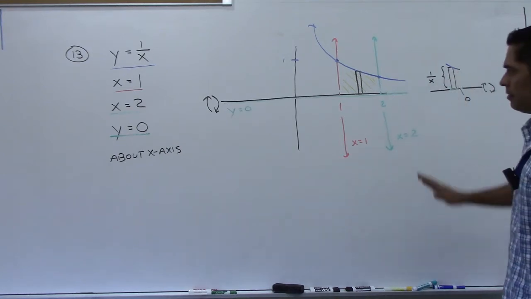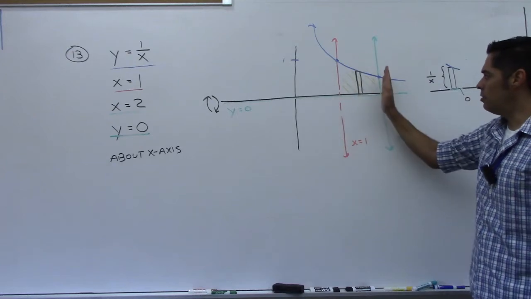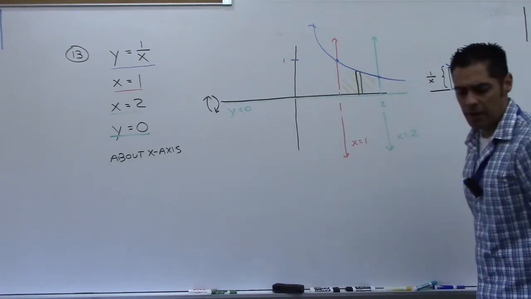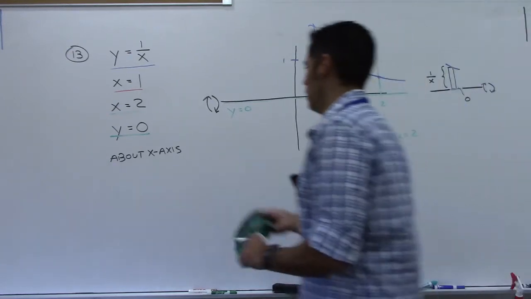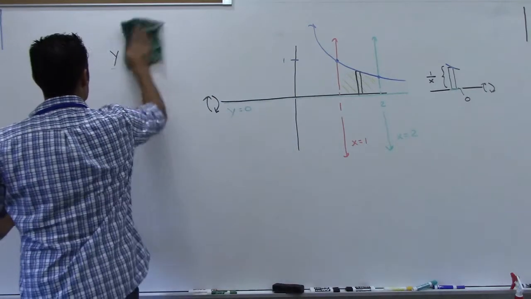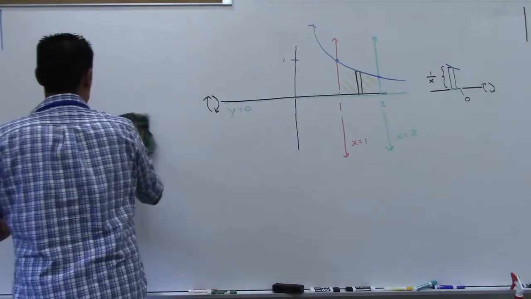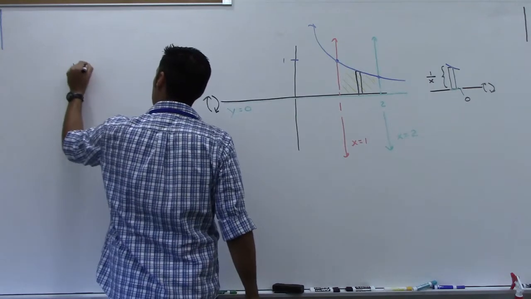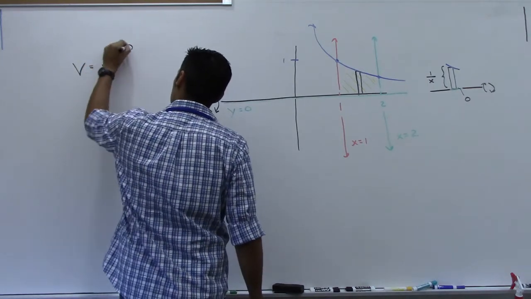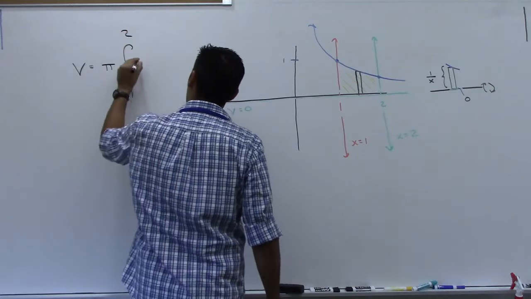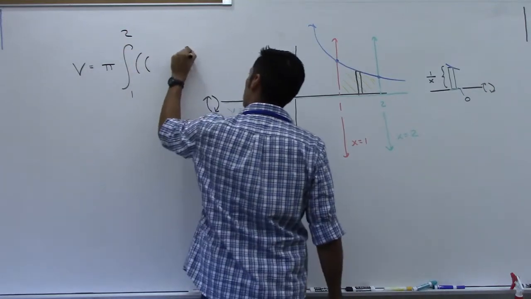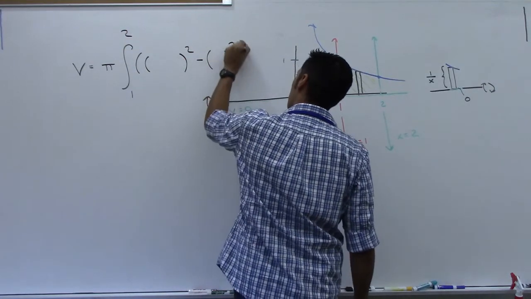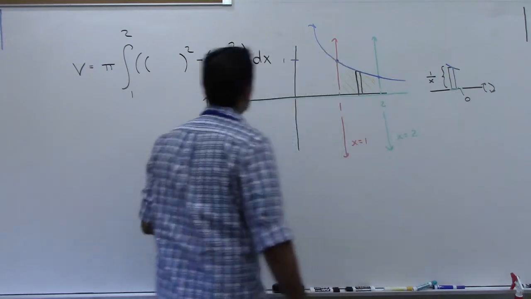Now the limits of integration are from 1 to 2, because that's the variation we have there on x. So the setup of this integral is the volume will be pi integral from 1 to 2 of the outer function squared minus the inner function squared dx.